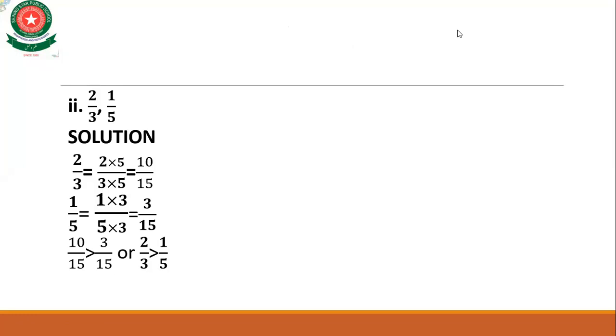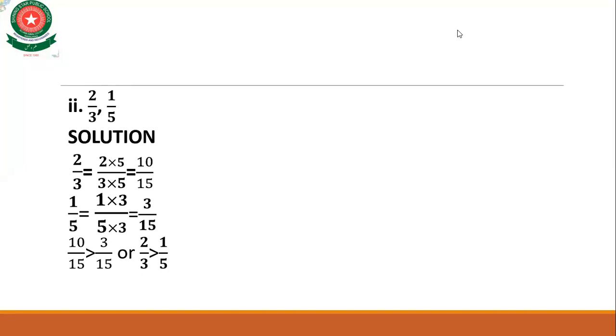Now first we take the first rational number, 2 by 3. Here we will multiply 3 with 5 to get 15. So we will multiply by 5 both numerator and denominator.